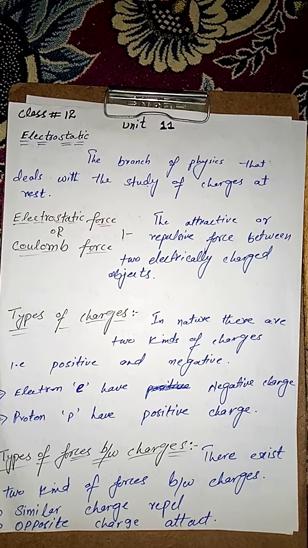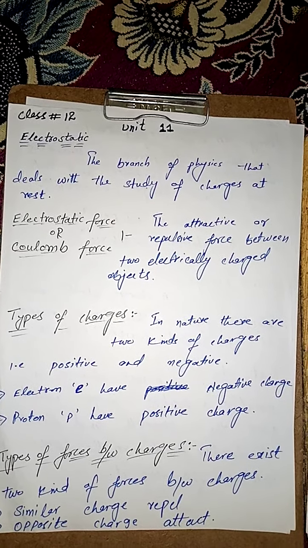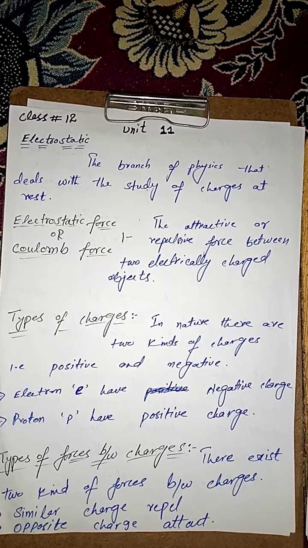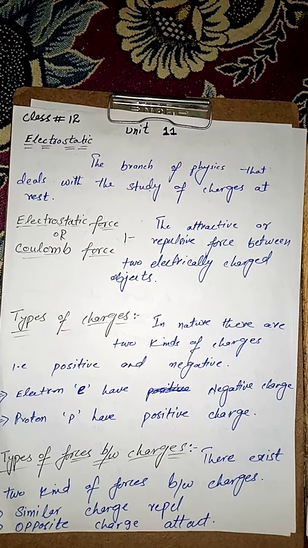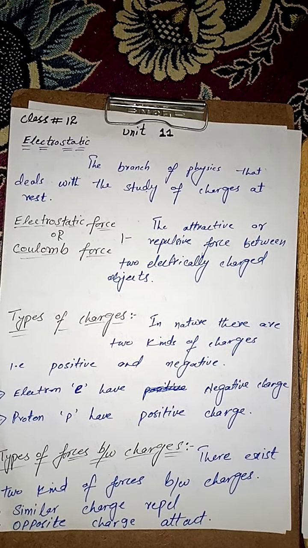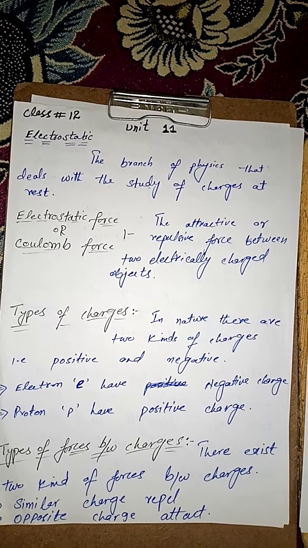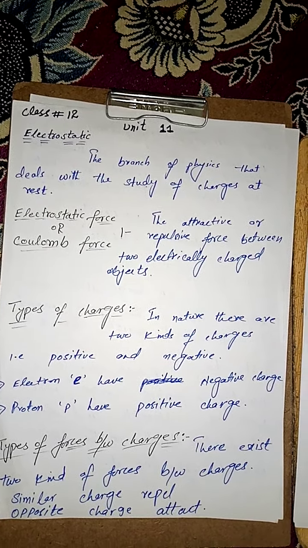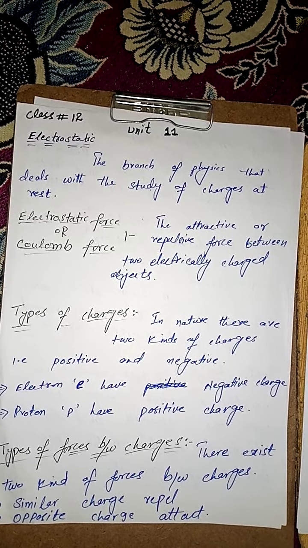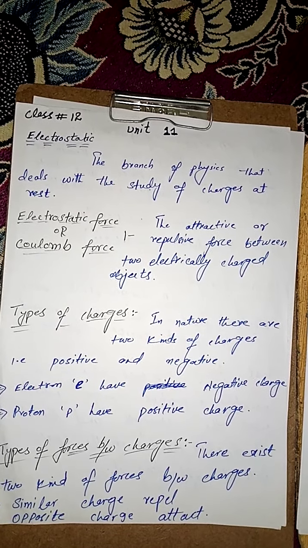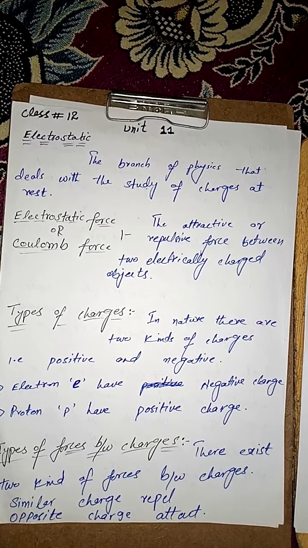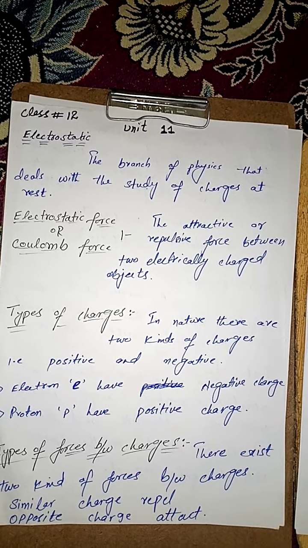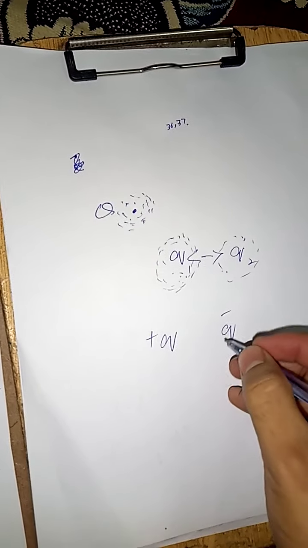Then types of charges. There are basically two kinds of charges: electron and proton. Electron has negative charge and proton has positive charge. Another term is types of forces between the charges. There exist two kinds of forces, attractive or repulsive, between the two charges.